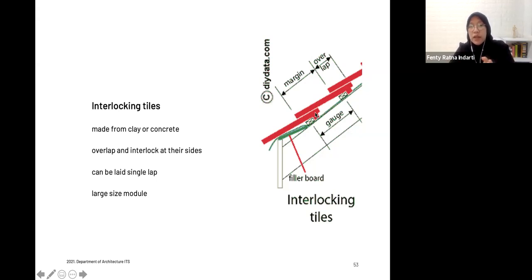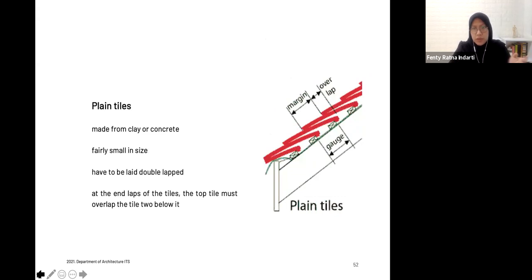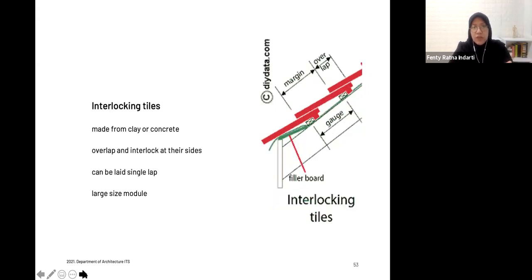And then it can be laid single lap. Actually, you can have the same configuration with this, but it wouldn't be effective enough. So that's why we use this. And usually it has a large size module, large compared to the previous one.